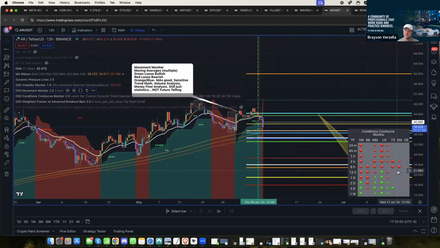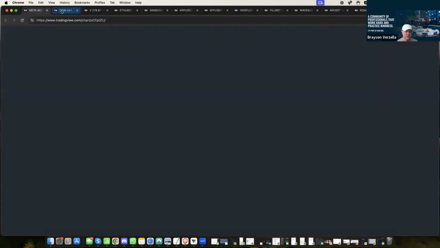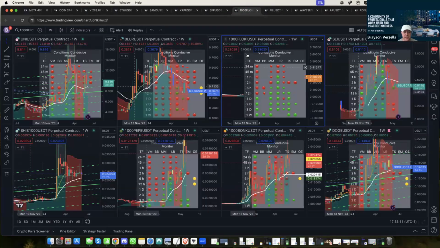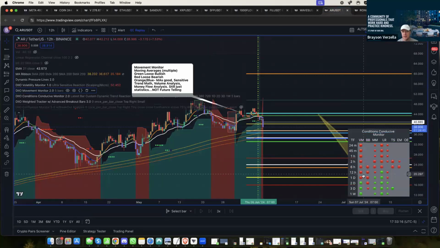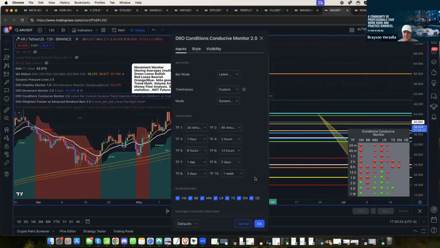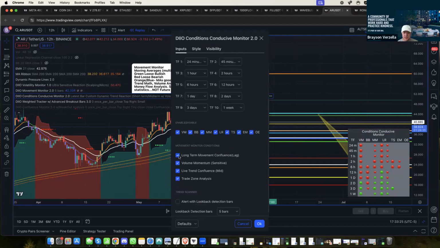But if I was using it to find positions on an alt scanner, and we have all these different alt scanners, some of them aren't loading properly, but they all load, it's not a bad idea to have that filtration mechanism so that you have that much better of a chance of not doing something stupid.